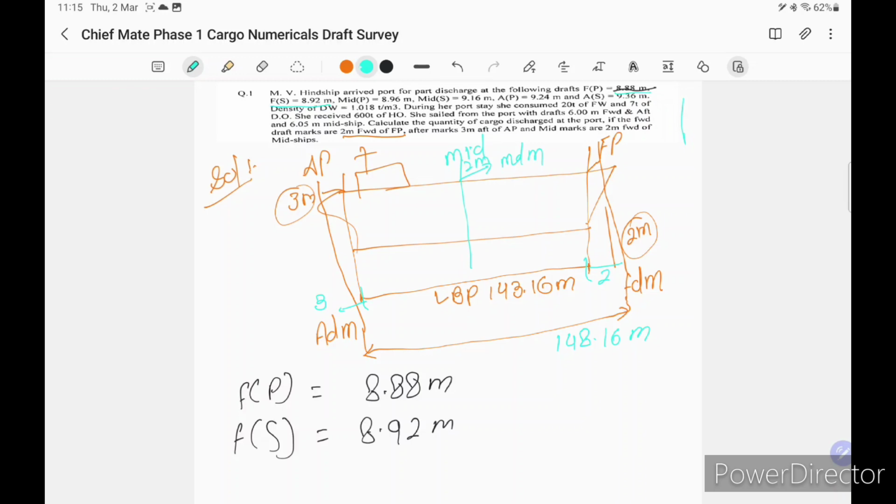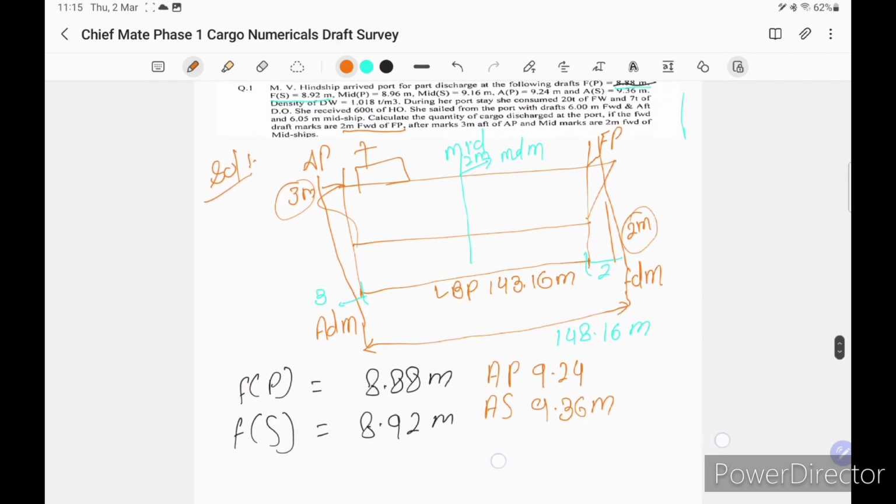Okay, aft port side, aft starboard side, 9.25 meters, 9.36 meters, and mid port 8.96, mid starboard 9.16.